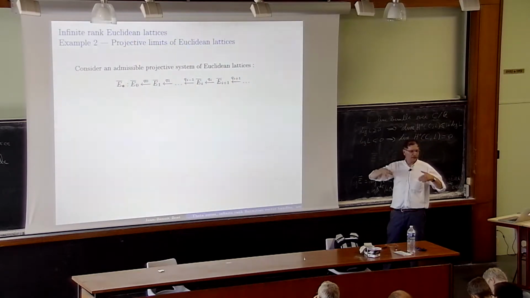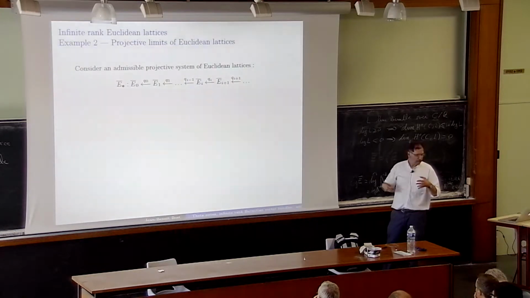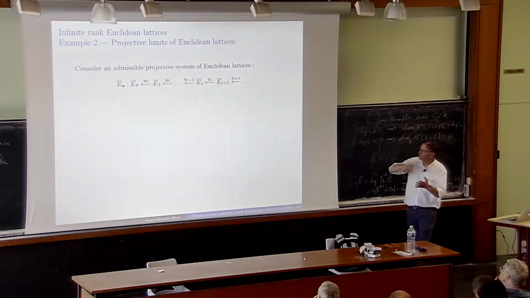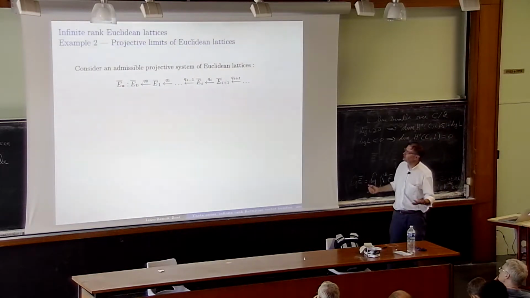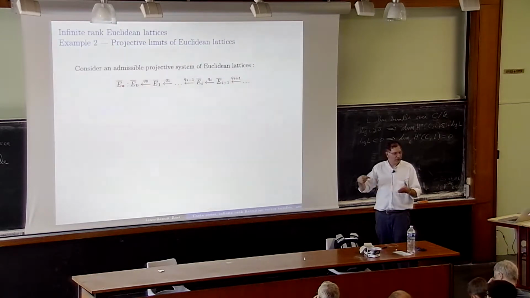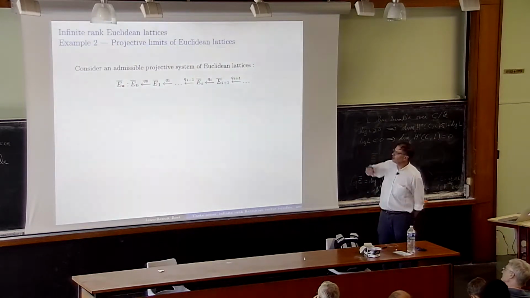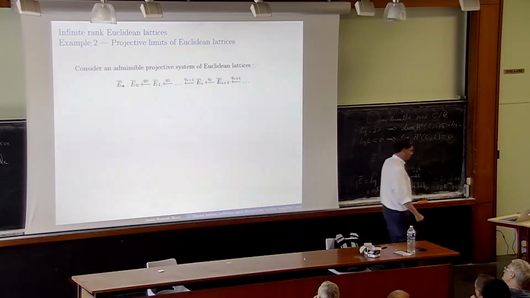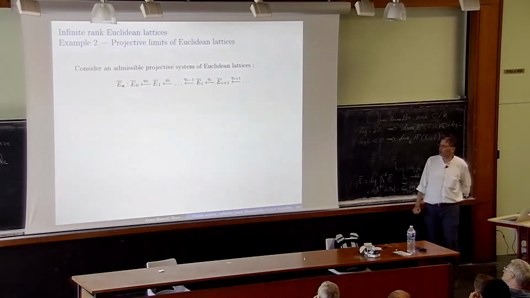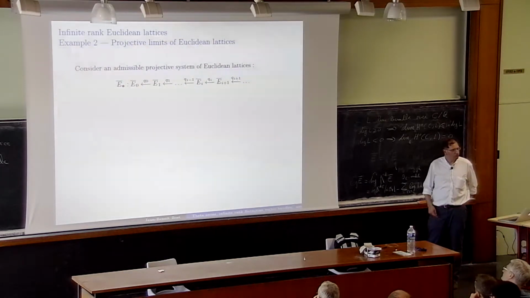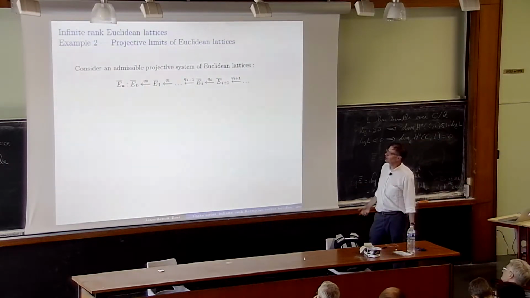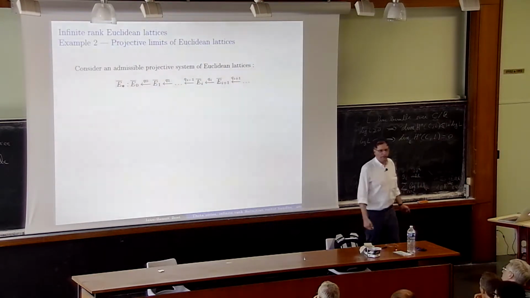So E0 hat is a Euclidean lattice, E0 bar is a Euclidean lattice, E1 bar is another Euclidean lattice, and you have a map which is admissible in the sense that it's surjective at the level of the module, and the norm on E0 bar is a quotient of the norm on E1 bar, and so on. So here you have a projective system, both in the category of Z modules of finite rank and in the category of, let's say, Euclidean spaces.